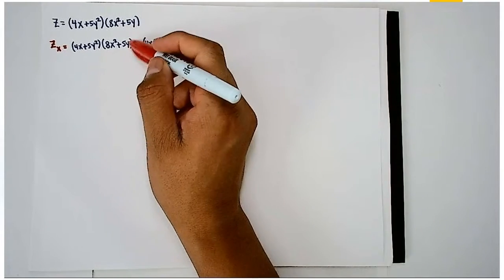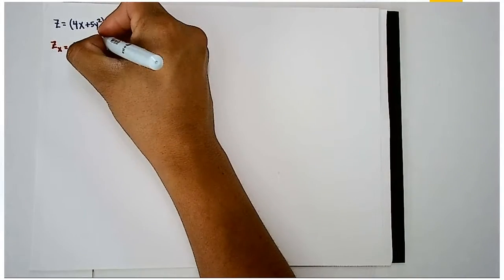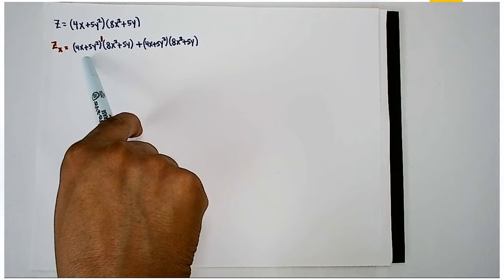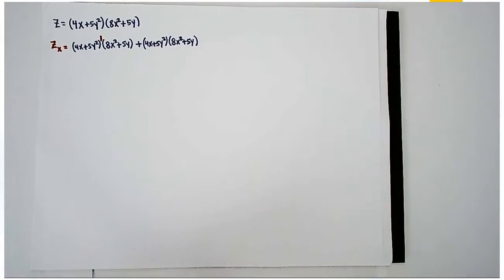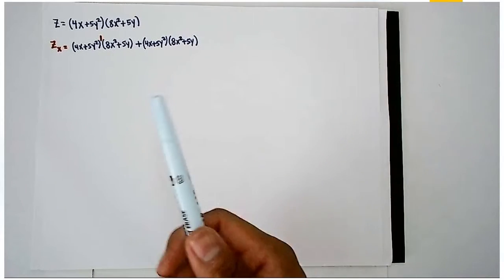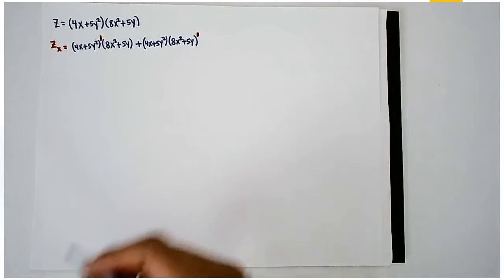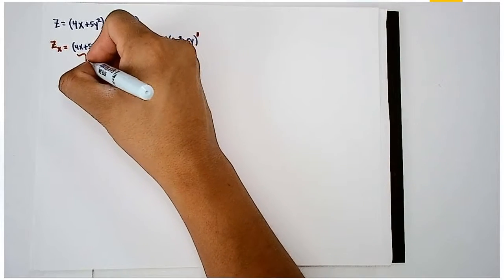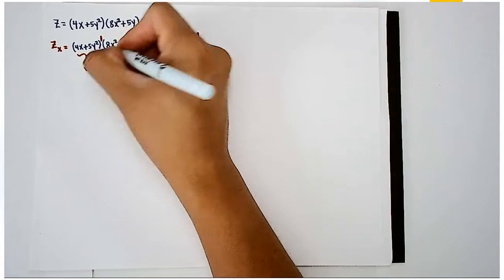However, in the first part, we take the derivative of the first factor, and in the second part, we take the derivative of the second factor. But notice and remember that we are taking the derivative with respect to x.